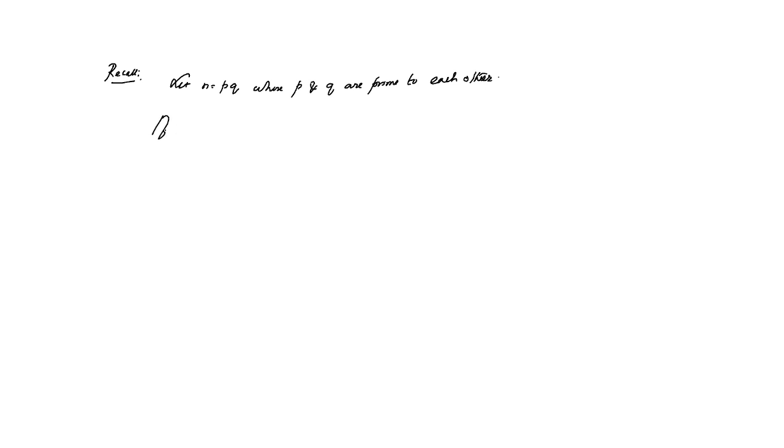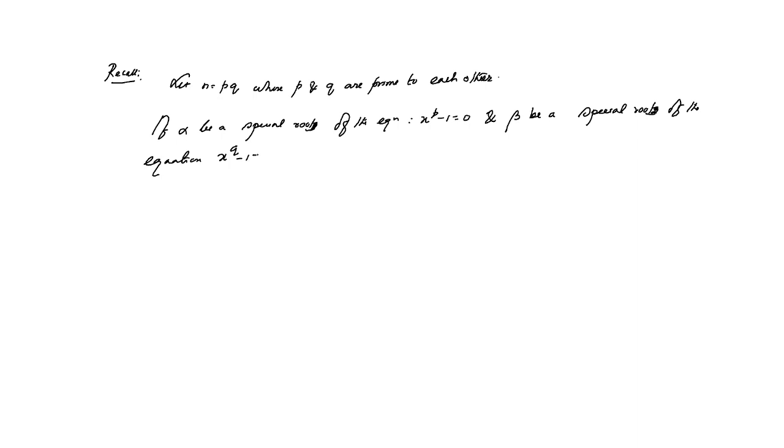If alpha be a special root of the equation x to the power p minus 1 equals 0, and beta be a special root of the equation x to the power q minus 1 equals 0, then alpha beta, the product of these special roots, is also a special root of x to the power pq minus 1, that means x to the power n minus 1 equals 0.